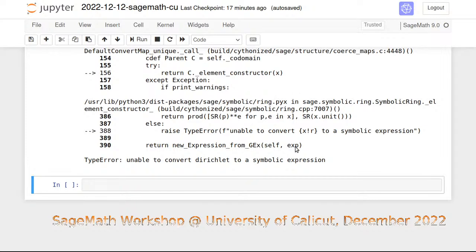We are failing at converting the symbolic expression. Just 1 minute, I will try to find one more way. Conversion of symbolic expression by algebraic converter.